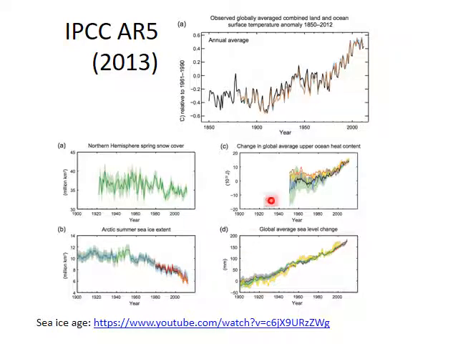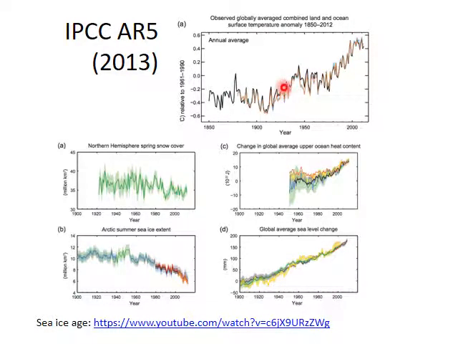Here, these are some graphics taken out of the 5th assessment report, also abbreviated IPCC AR5, AR meaning assessment report, the 5th of 2013. Of course, we have all seen this. It's just a temperature record over land and ocean, so a surface temperature record from pre-industrial to almost today, and of course it's a steady increase.